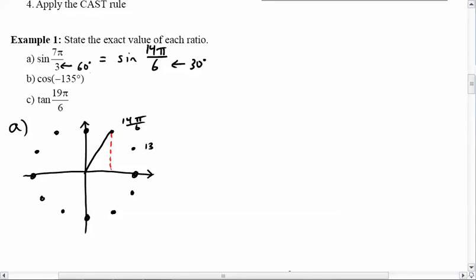So when you see the over 6, or sorry, the over 3, anytime that you have something in radians with a 3 in the denominator, that tells you the reference angle is 60 degrees. So it's a really nice and easy way to see the reference angle, which you can also see in this picture.